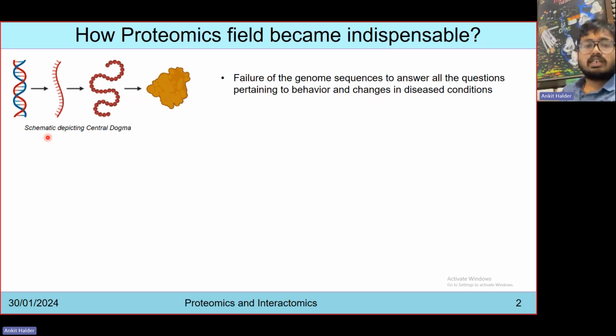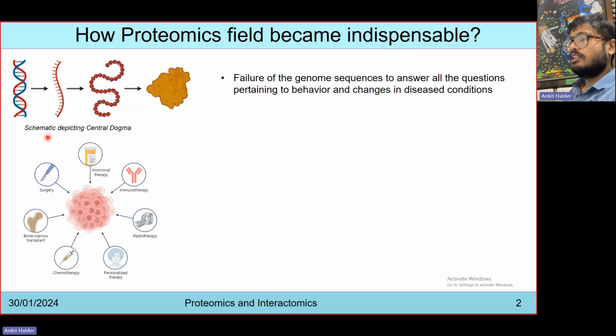With the help of the central dogma, we can easily understand that whatever we get, finally the functional molecules remain the proteins. So that's why it helps us address many questions which cannot be answered at the transcript level or the gene level.